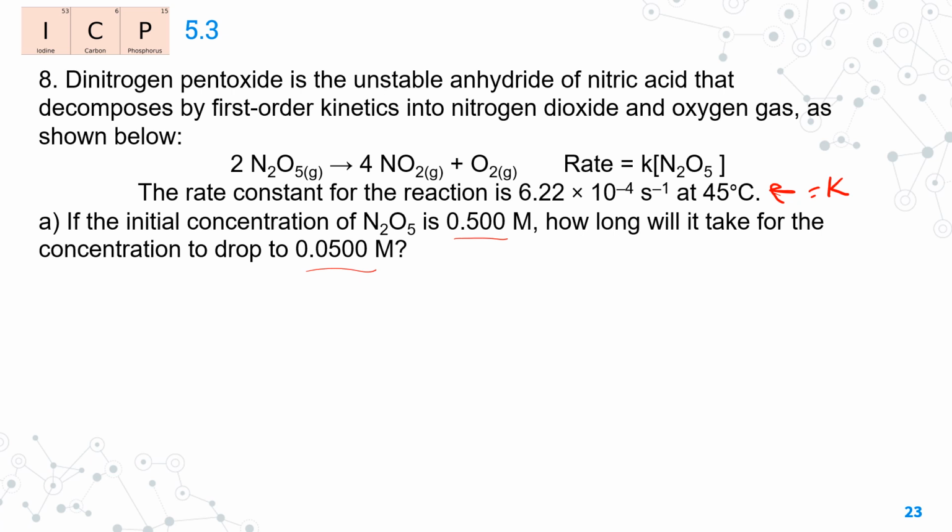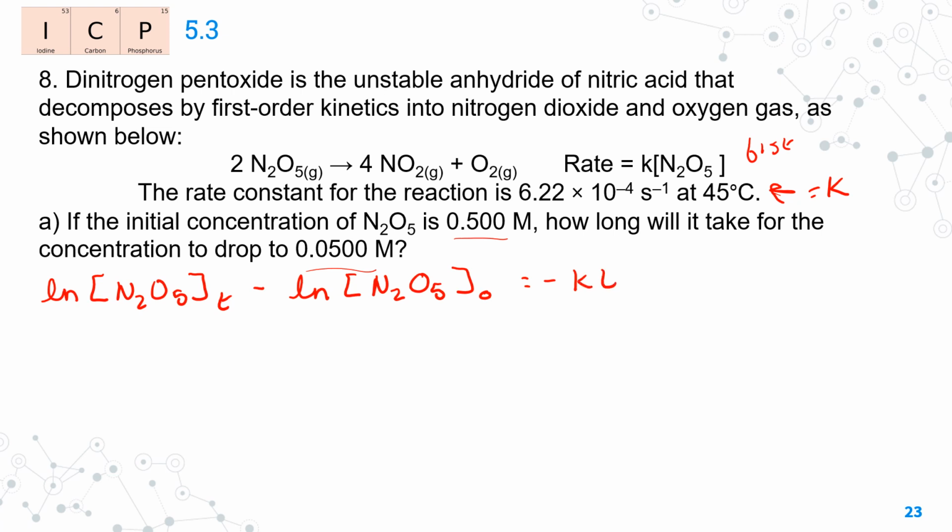So I know that this is first order. Because it's first order, I can use the natural log of the concentration of dinitrogen pentoxide at time t minus the natural log of the concentration of dinitrogen pentoxide at the initial time is equal to negative Kt. I'm going to solve for t.